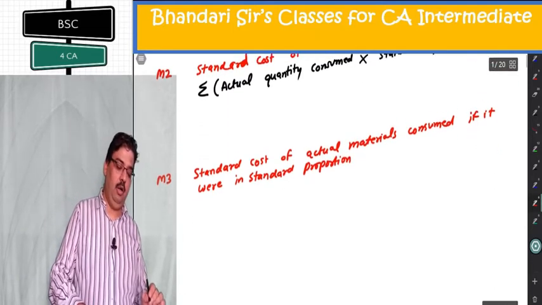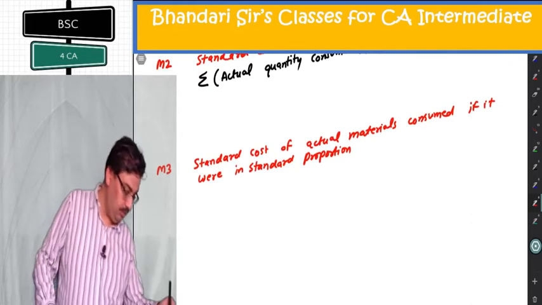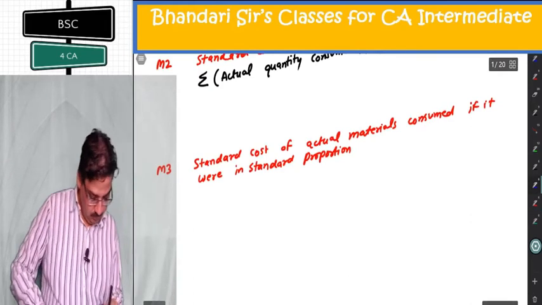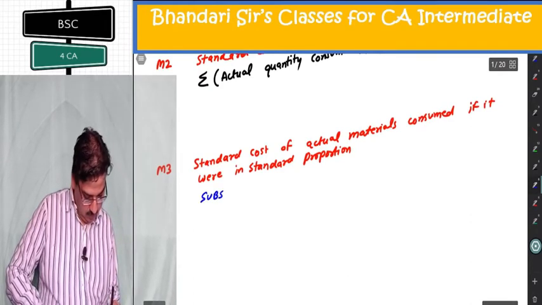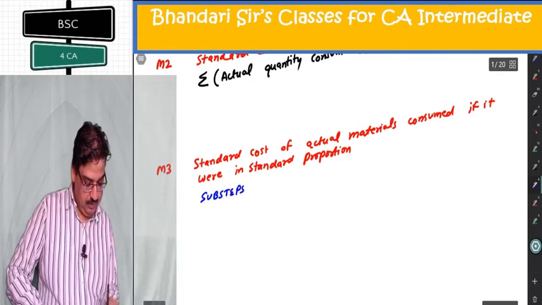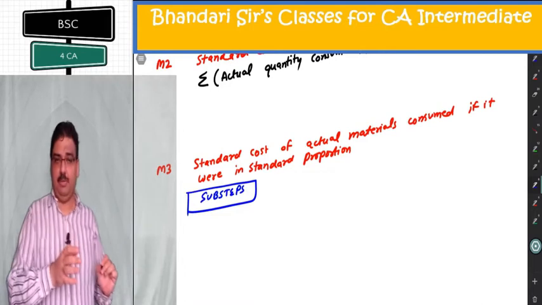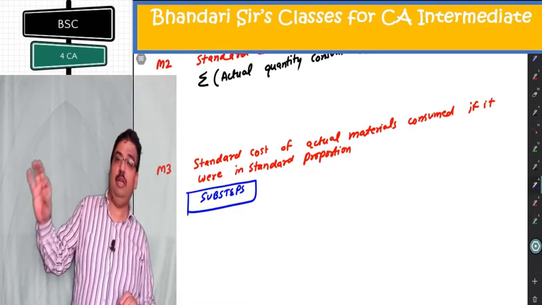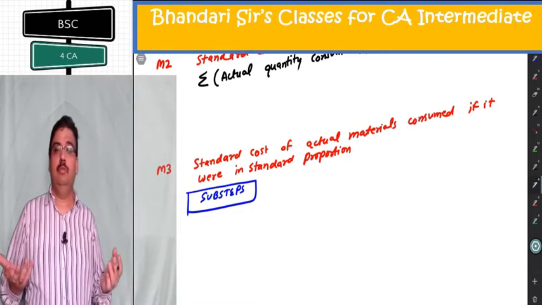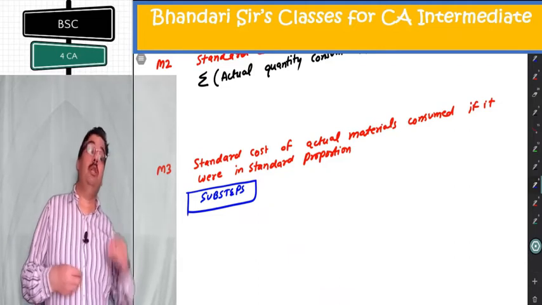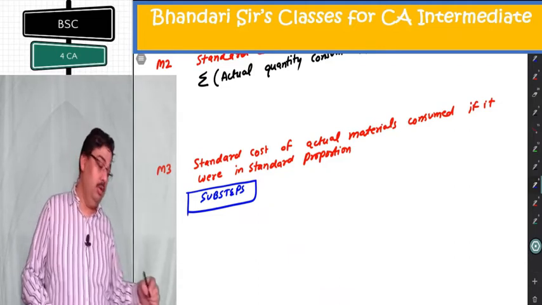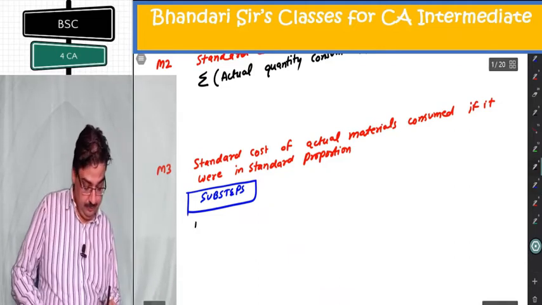If it were in standard proportion. Substeps. You don't need to even recall substeps. In sale value variances SV3, you can easily do it. Substeps are only for first time, or once you forget, you can look back to the substeps and do easily.